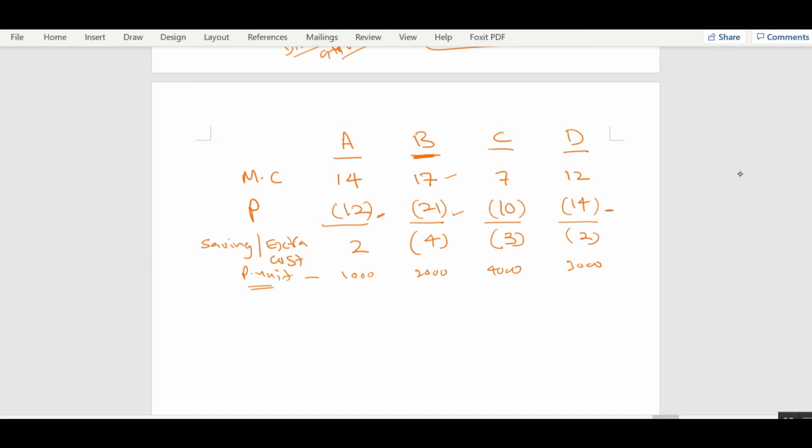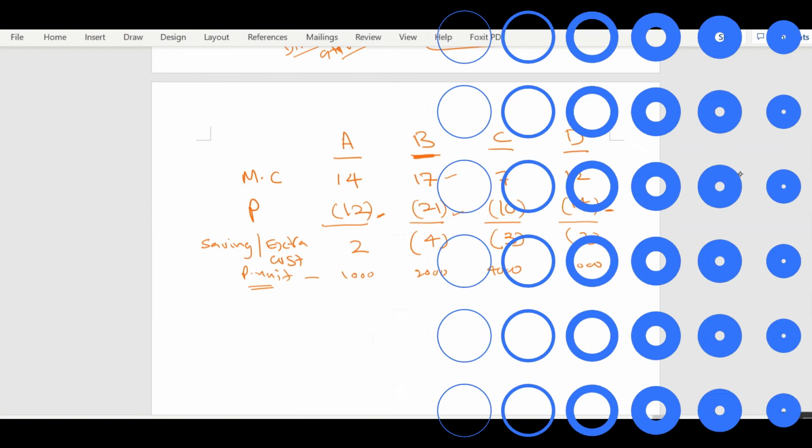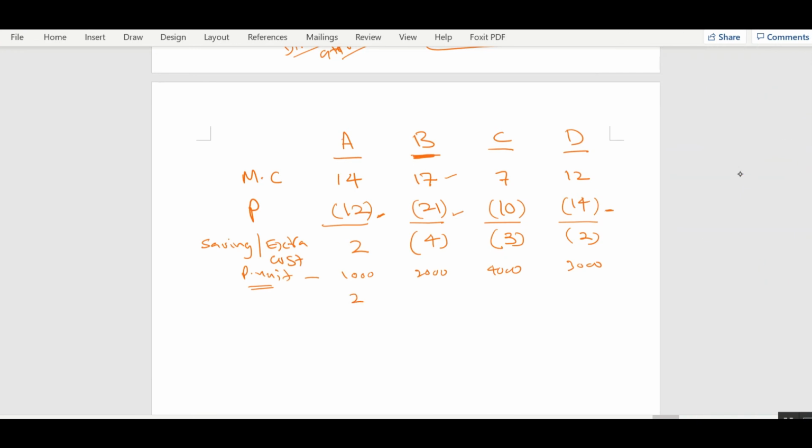So you need to multiply this by the units. 1,000 times 2,000, so it will be 2 million. And this one will be 8 million extra cost. 4,000 times 3,000, sorry, 12 million extra cost, and this will be 6 million extra cost.